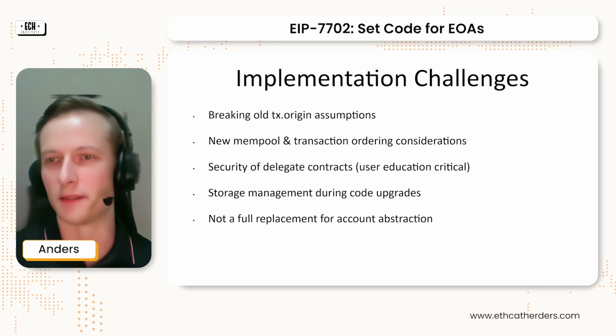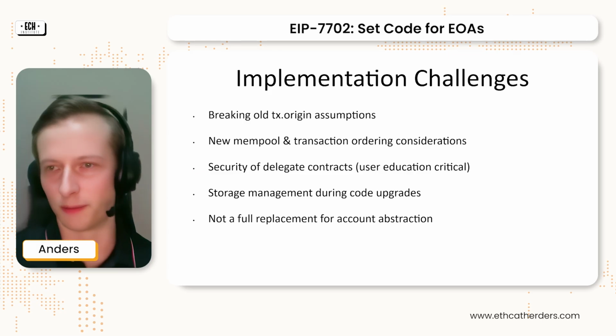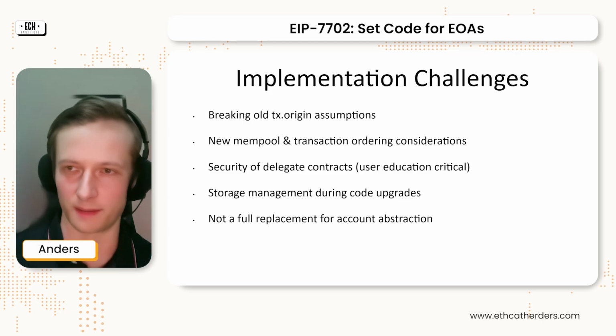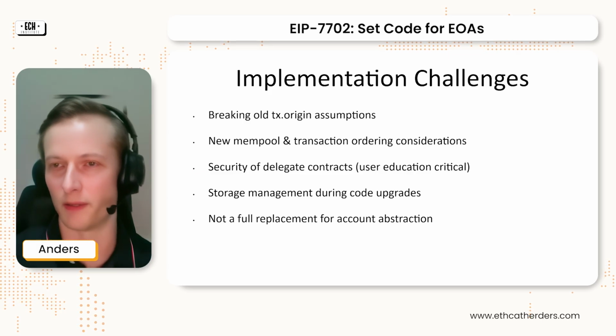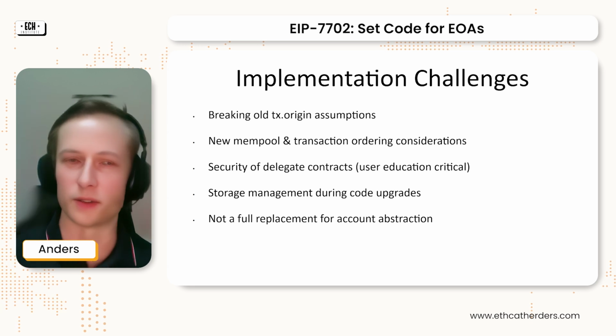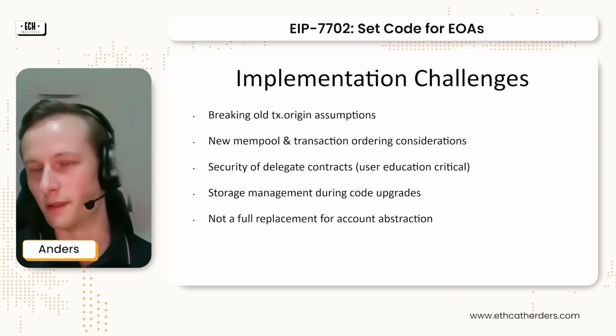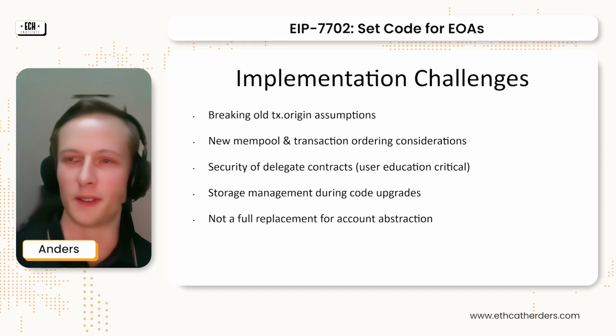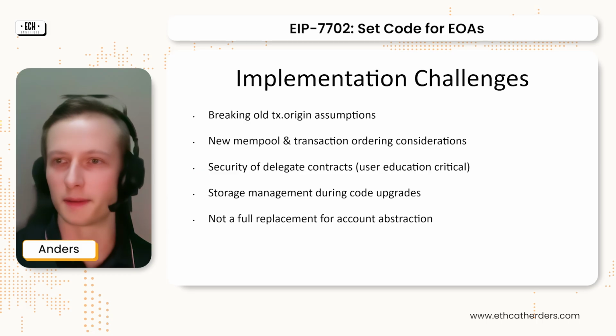When you're running a client, it needs to have a mempool, and the mempool, for those who don't know, is the pool of memory where all the current known transactions are. Whenever you send off a transaction to an RPC, it will end up in the mempool. Then the builders are going to pick it up and include it.